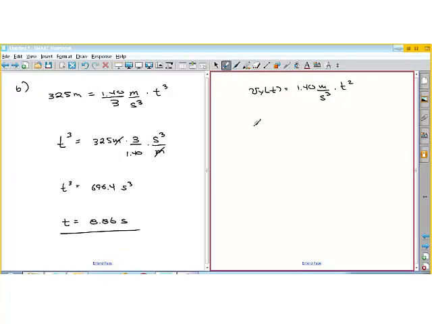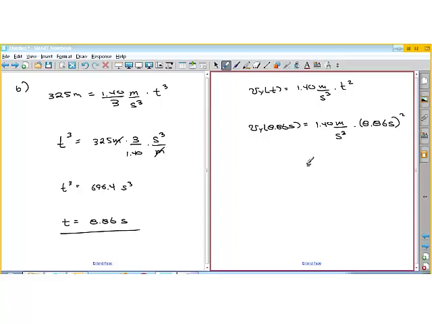So v sub y of 8.86 seconds is equal to 1.40 meters per second cubed times 8.86 seconds quantity squared.